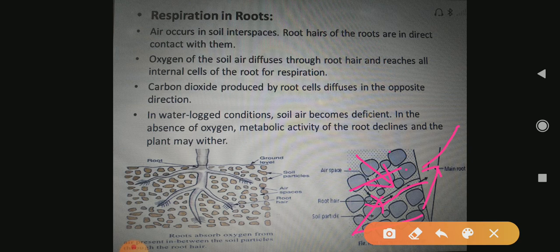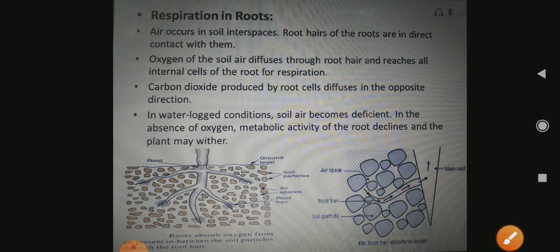The metabolic activity of the root declines and the plant may wither. It means in waterlogging, when air is less in the soil, there will be a bad effect on the plant and it will wither. Are you getting it? Okay. Then see next.